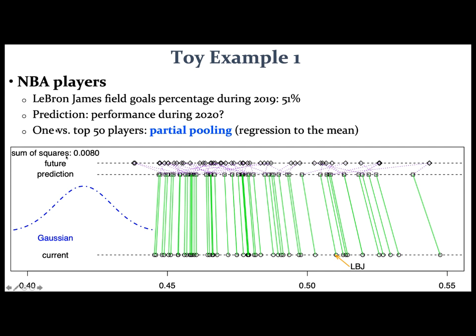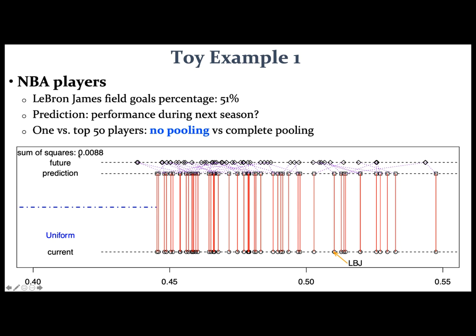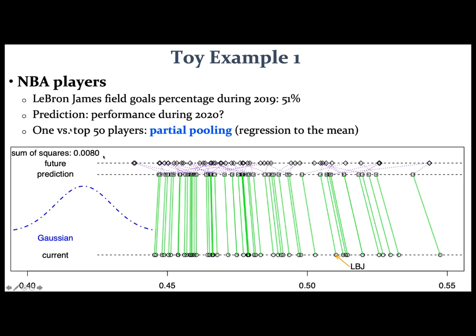With that approach, you notice that we still make mistakes, right? Those mistakes are a bit smaller than on the previous slide. On the previous slide you can see the sum of squares, and this is smaller. So the point here is we care about the overall prediction error, not each individual player.